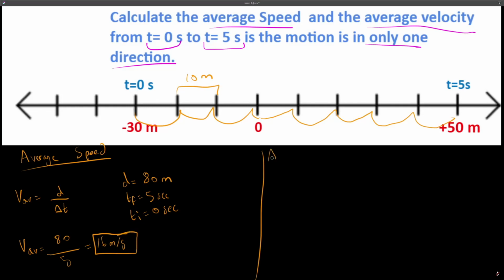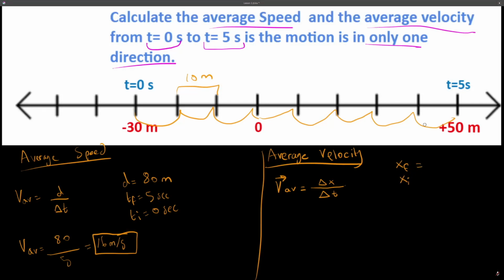The next question asks us for the average velocity. So now let's write the formula. V average is equal to delta x, the change in x, over delta t. Now let's mention what we have. Delta x is x final minus x initial.